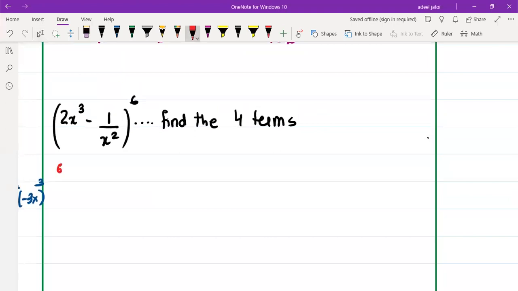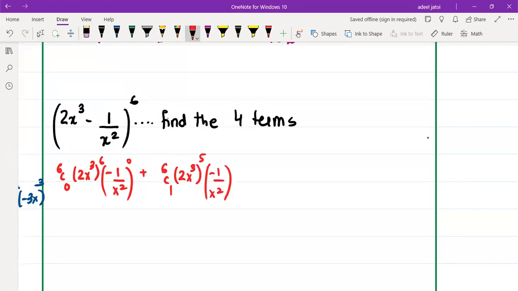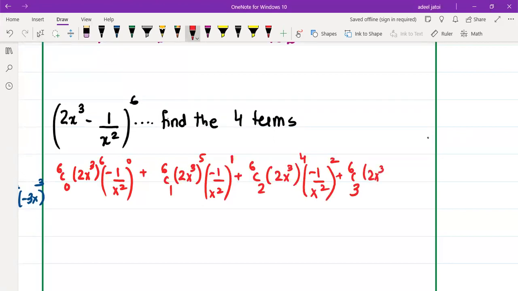This is going to be 6C0 (2x³)^6 (−1/x²)^0 plus 6C1 (2x³)^5 (−1/x²)^1 plus 6C2 (2x³)^4 (−1/x²)² and lastly 6C3 (2x³)^3. 6 minus 3 is 3. And (−1/x²)^3.